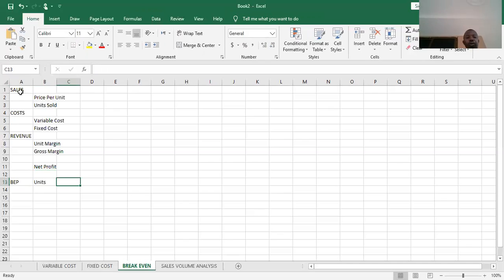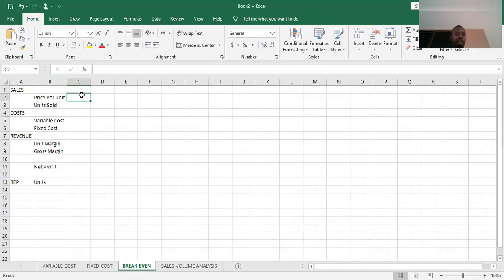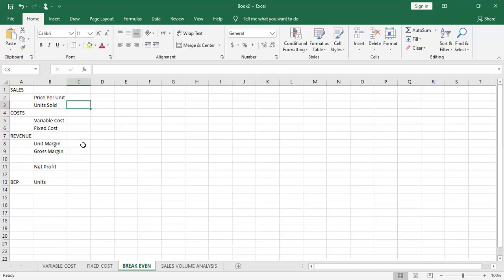Okay, so with this, what you do next is to name the columns. That's the column C, where we are going to type the price per unit, the unit sold, the variable cost, and all the other components. To be able to do this, we will have to name the cells. We name cell C2 as price per unit, cell C3 as unit sold, cell C5 as variable cost.